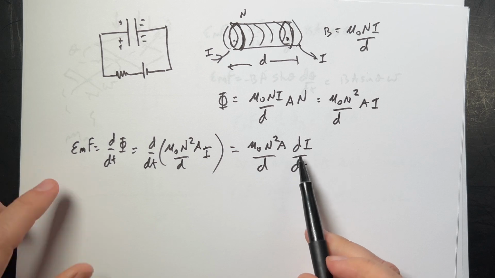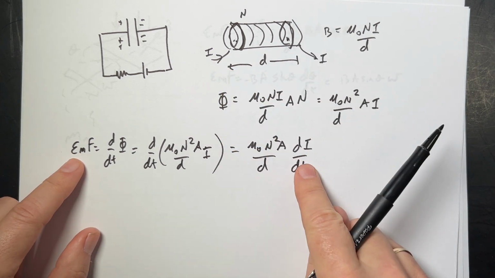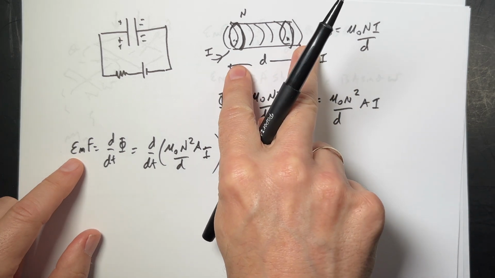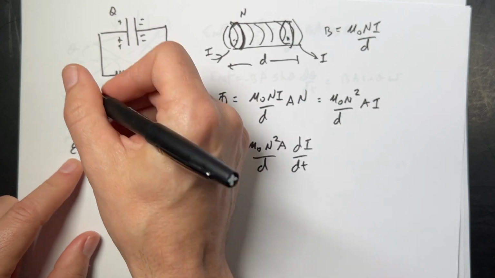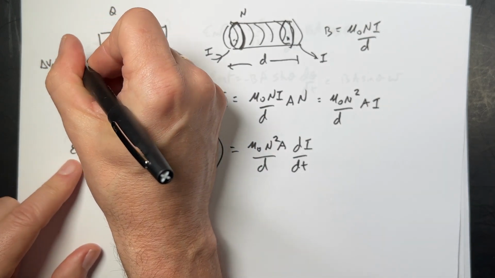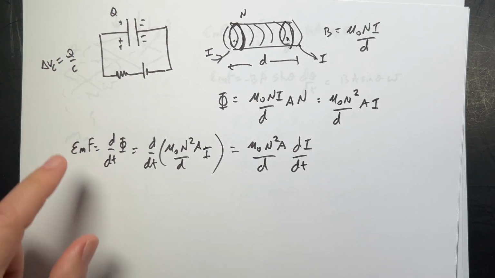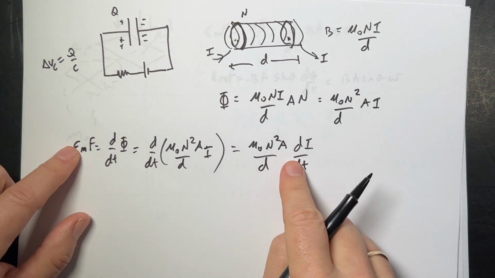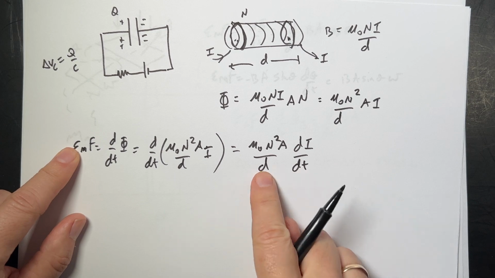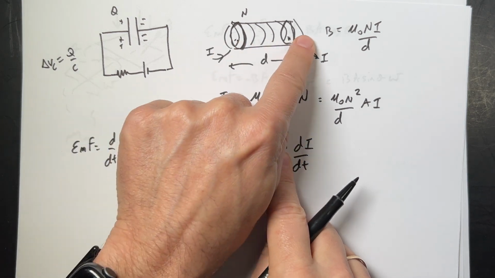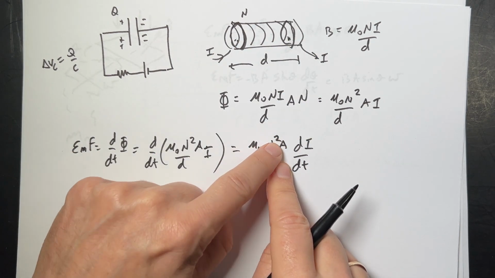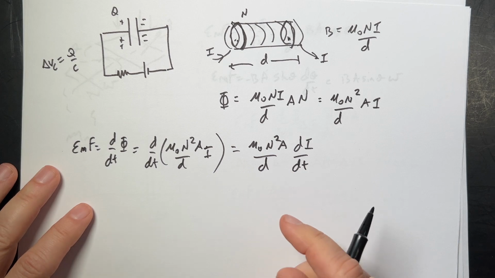So this tells me if I change the current, then I'm going to get a voltage. Very similar to up here, if I have a charge, I'll get a voltage. Remember, delta V for a capacitor is Q over C. We did a similar type of thing for the capacitor. But here I have this change in current. And I have some constant stuff out front that depends on the parameters of the cylinder, mu naught n squared A over d, and we call that the inductance.